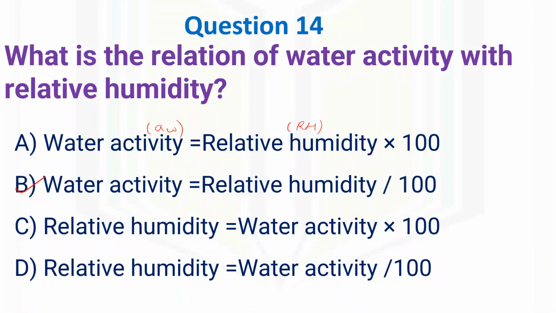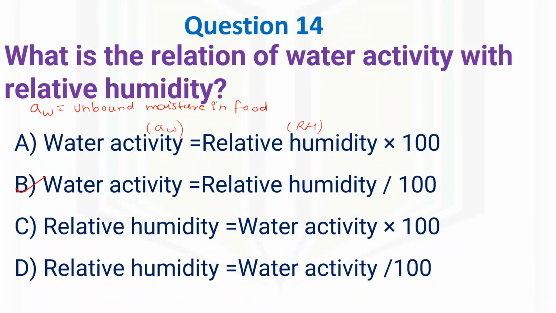So what is water activity? It is the amount or the availability of water for chemical and biological reactions which is present in the food. So water activity is the unbound moisture in food, whereas the relative humidity is the amount of water vapor in the air compared to the maximum capacity.